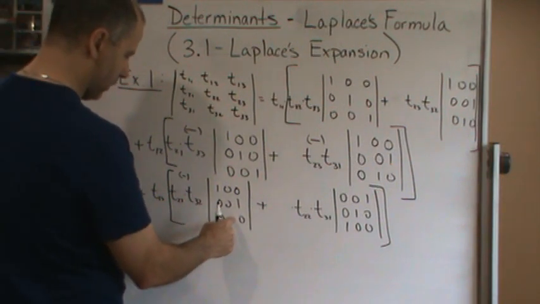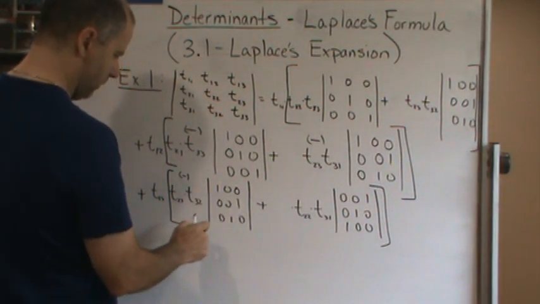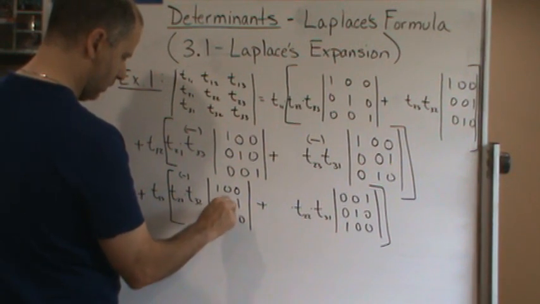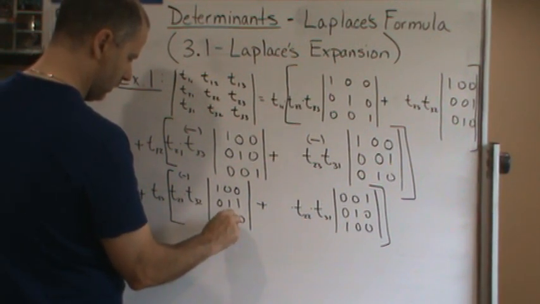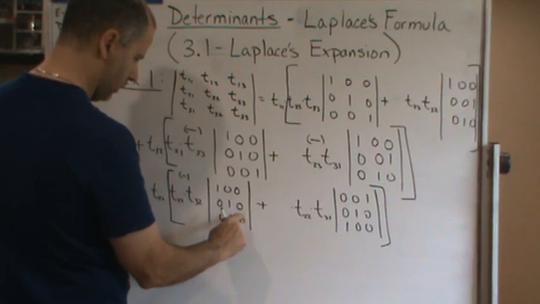And now I'm going to switch these 2. So this is going to be 1, 0, 0, 1.